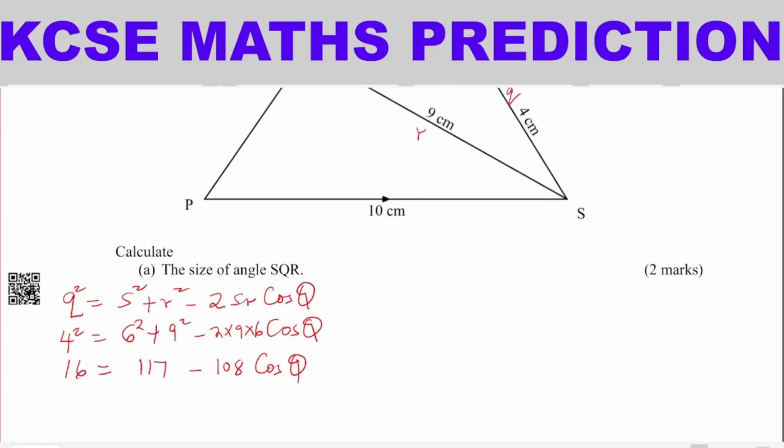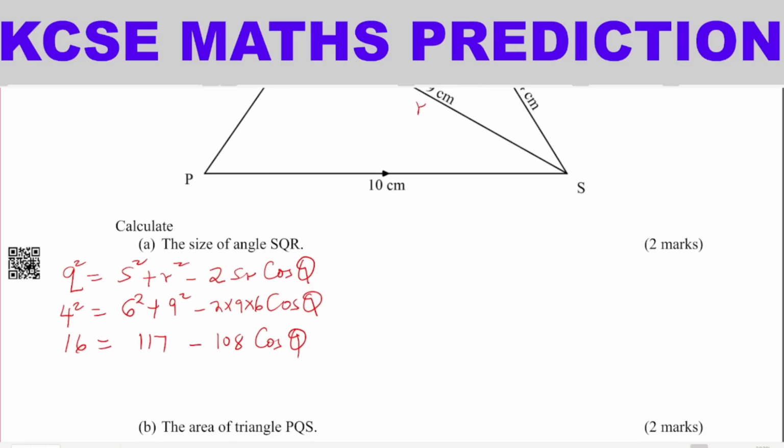So from there, you can make cos theta the subject. So you'll have 108 cosine theta. You just simply take this one to this side, and then 16, you take it to the other side. This is equivalent to 117 subtract 16.